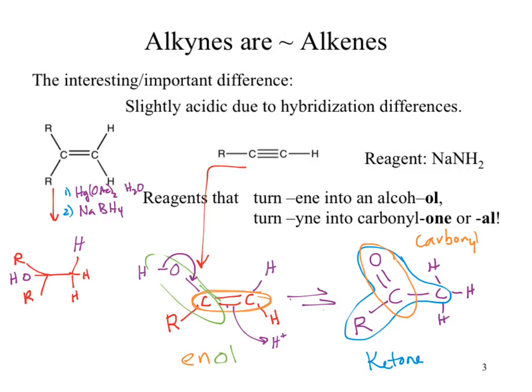So any reagent that adds water across a double bond, when reacted with an alkyne, is going to turn into the corresponding carbonyl-containing compound, either the ketone or the aldehyde, depending on the reagent, because it's going to depend where it's putting those atoms. Okay?